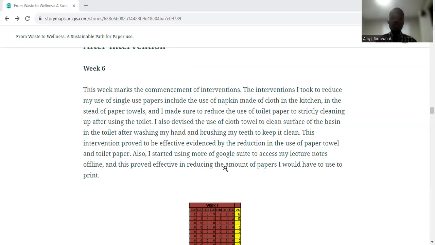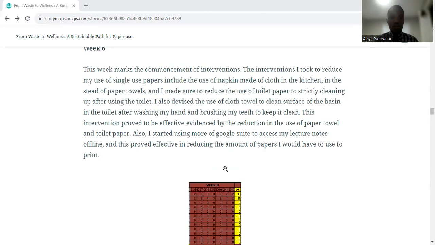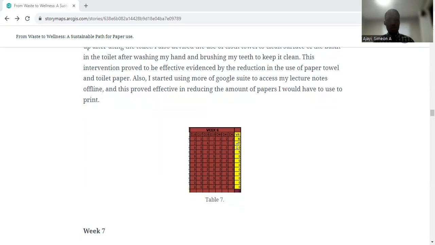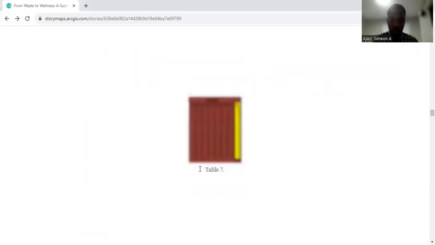This intervention proved to be effective, evidenced by the reduction in the use of paper towels and toilet paper. Also, I started using more of Google Suite to access my lecture notes offline, and this proved effective in reducing the amount of paper I would have to use to print. So you can see the effect here.